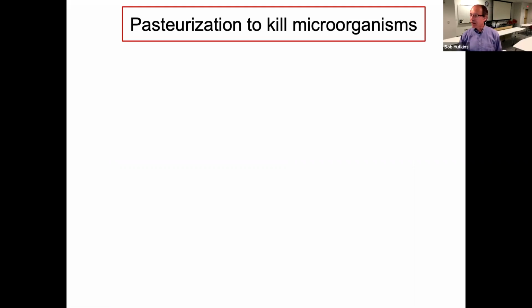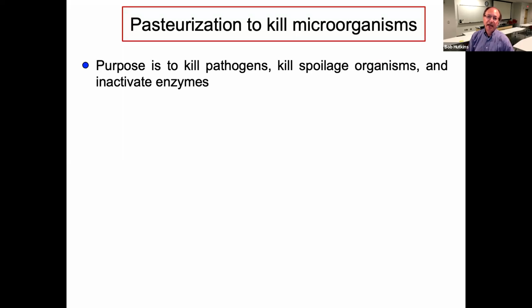Okay, so before we leave the thermal kinetics, we've mainly been talking about high temperature canning temperatures, but probably just as common as commercial sterilization is pasteurization. So again, we talked about ways we use heat, commercial sterilization and pasteurization.